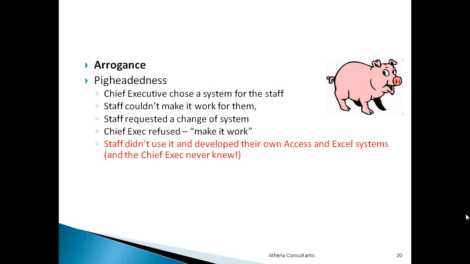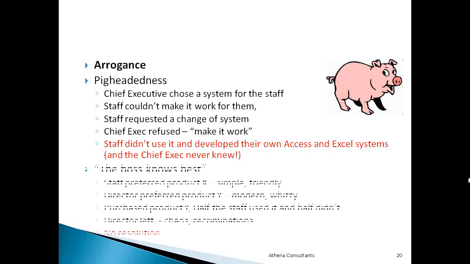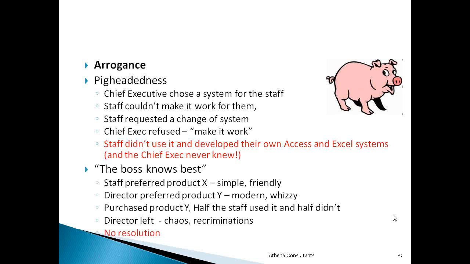And they actually spent a lot of money on bespoke work to try and put in the bits that didn't work. And the staff didn't use it because even the bespoke bits they didn't like, so they did their own Access and Excel systems and didn't tell the boss. I don't know how often that sort of thing happens, but it does happen now and again. People are arrogant.